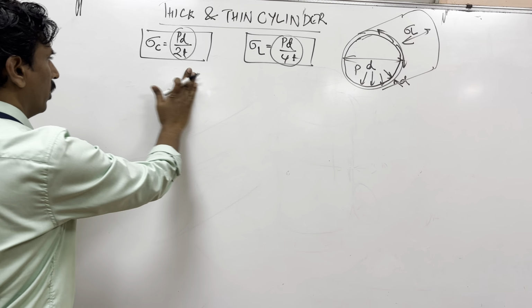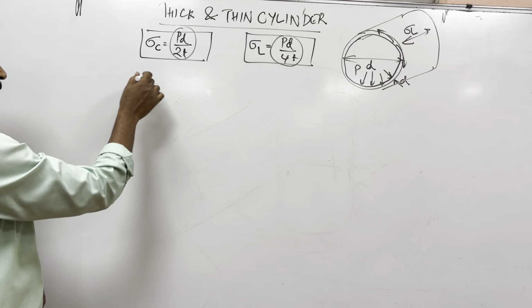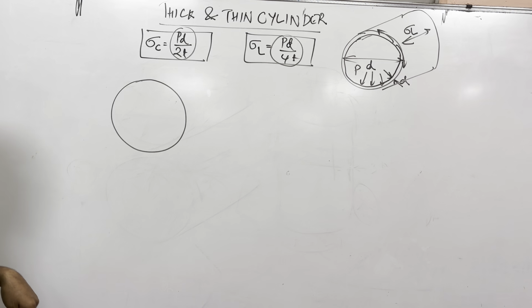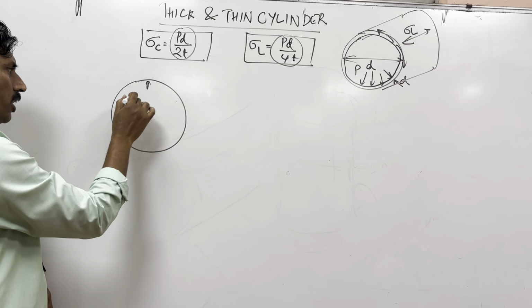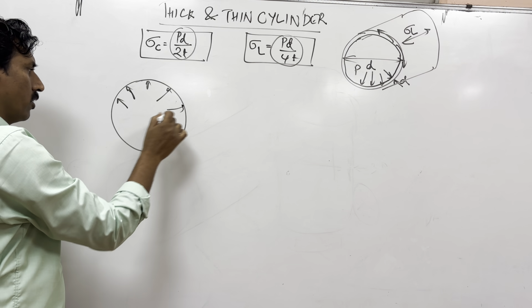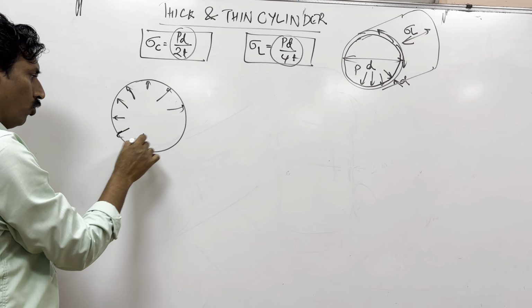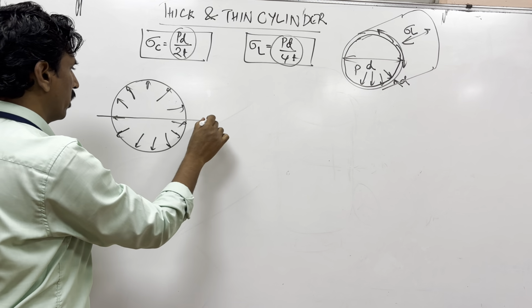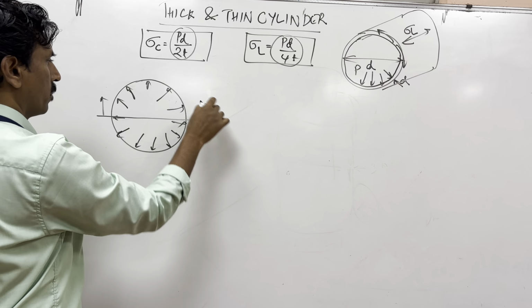So let us now consider the cylinder like this. There is pressure inside here. Let us imagine that this pressure breaks the cylinder into two pieces, and that is called the bursting pressure. So let us imagine that it is trying to burst about this point.